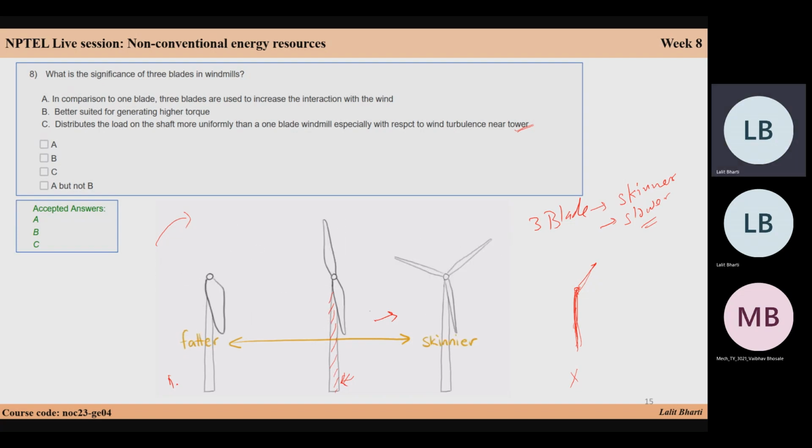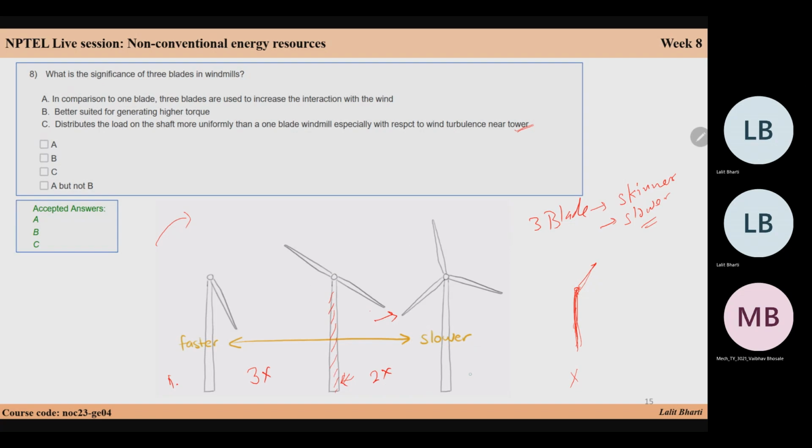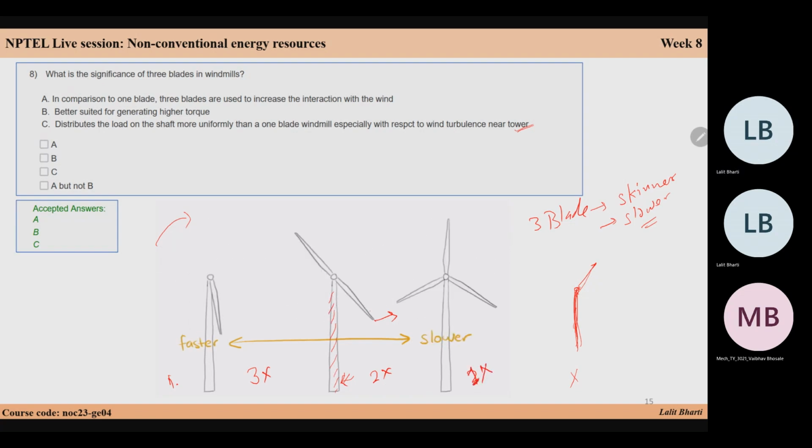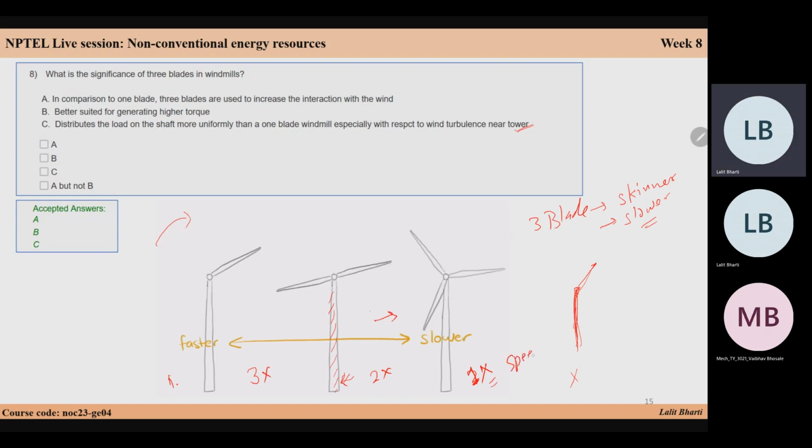and the same rotation for a given wind speed, your single blade system needs to rotate at a very high speed, or thrice the speed, as compared to your three blade system. So these are your rotating speeds.